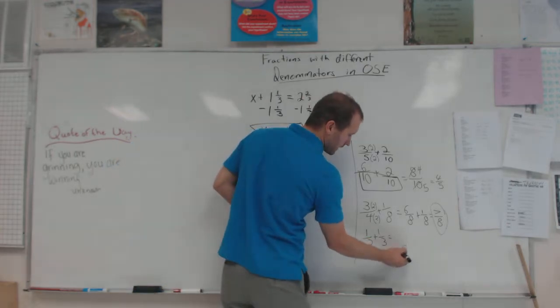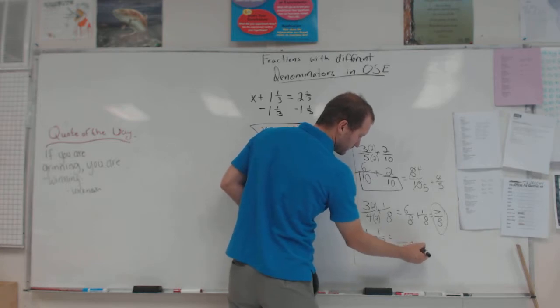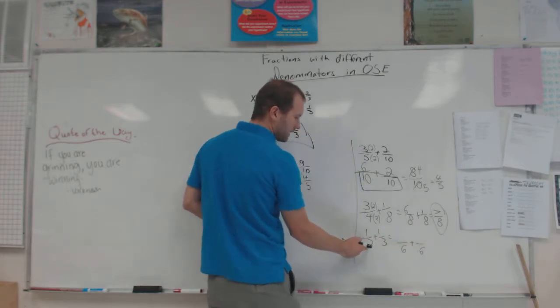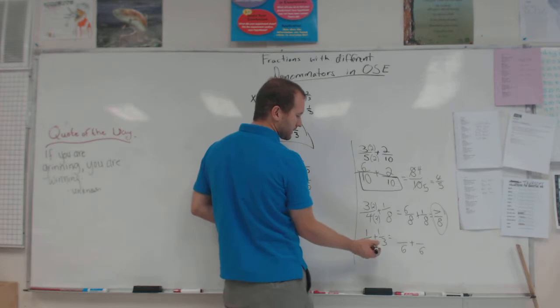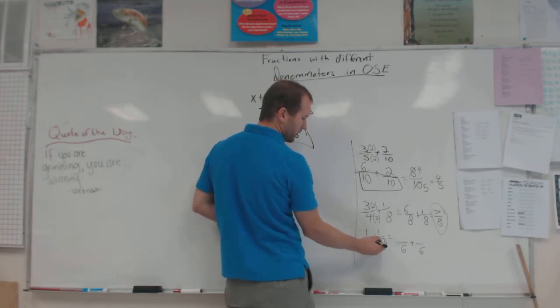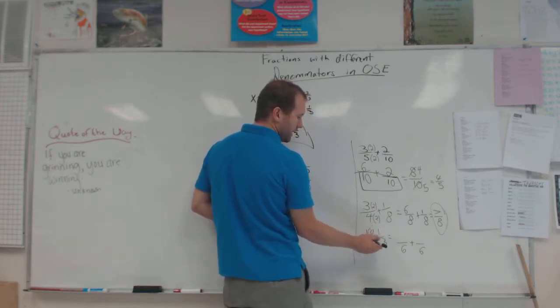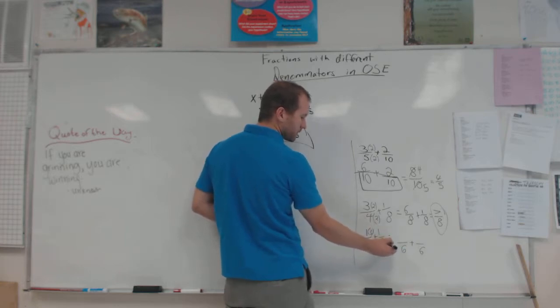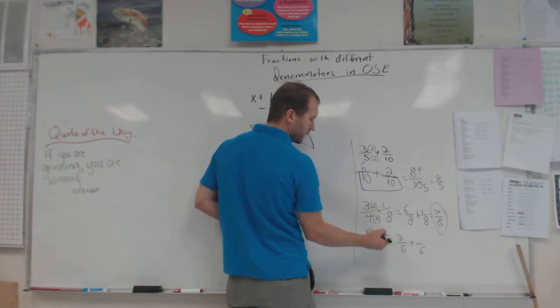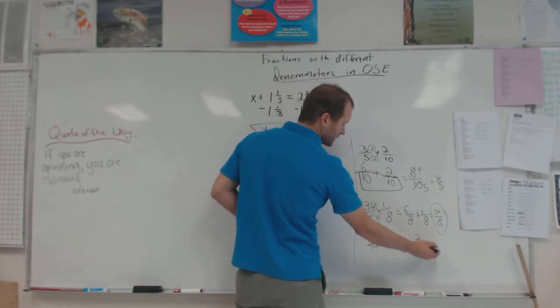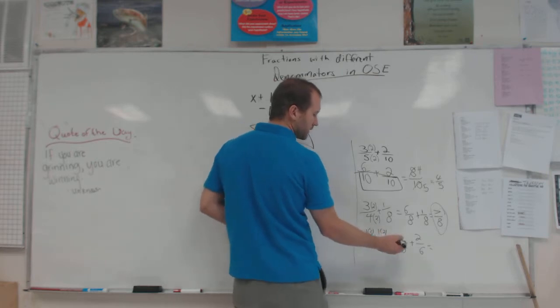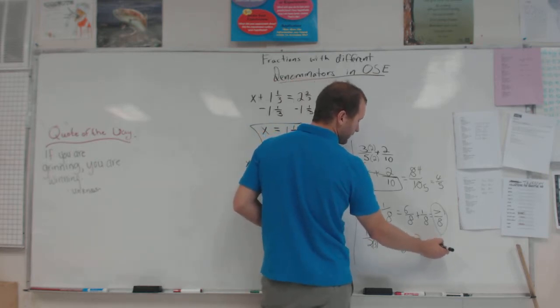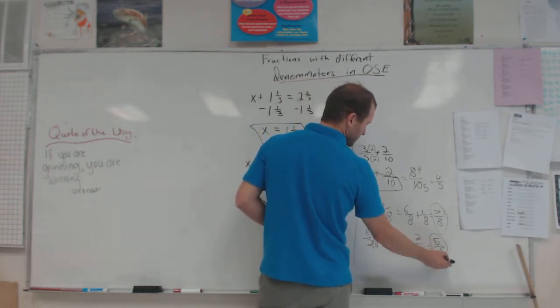So I want my denominators to be 6. How many times do I have to multiply 2 to get 6? 3. So I'm going to multiply the top. How many times do I have to multiply 3 to get 6? 2. And multiply the top. So 1 times 3 is 3. 1 times 2 is 2. And so 1/2 plus 1/3 is 5/6.